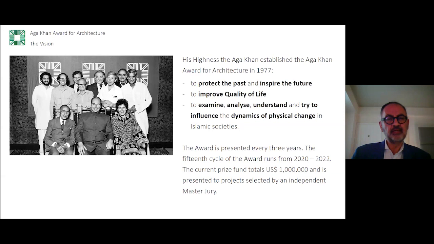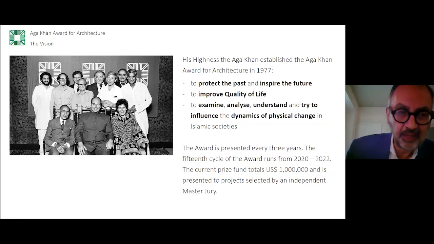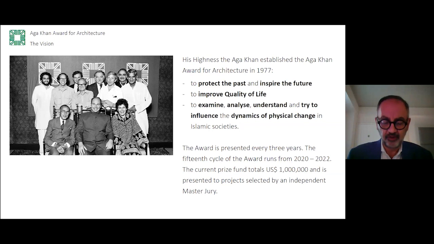So His Highness the Aga Khan, what he did in those days, he brought together a series of different people from different backgrounds, architects, scholars, people who were very active. Some of you who are old enough like me would know people here like Hassan Fathy or Oleg Grabar, who's a professor, or Charles Correa, and others in this photograph.